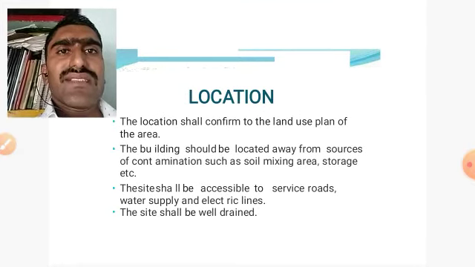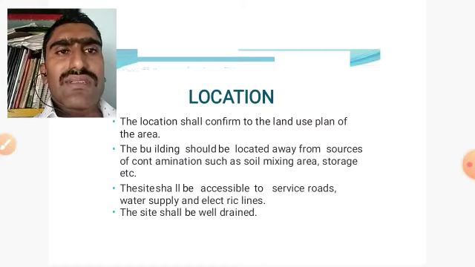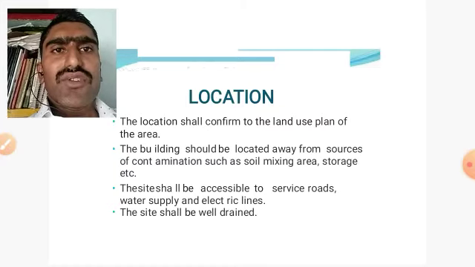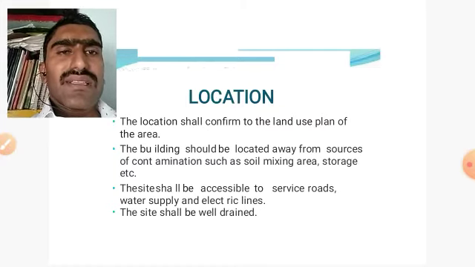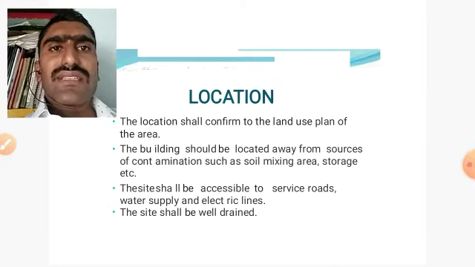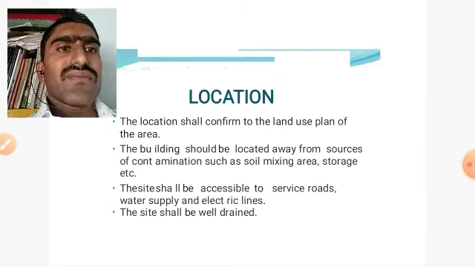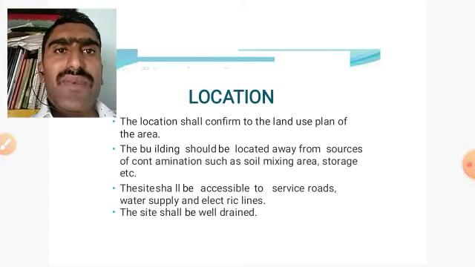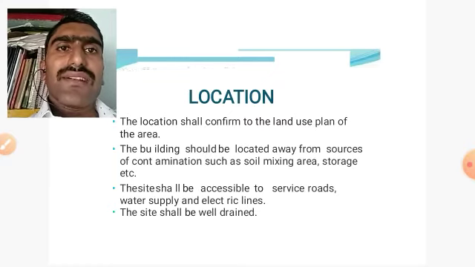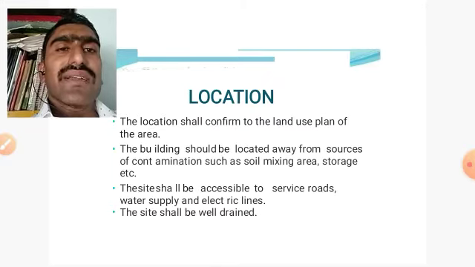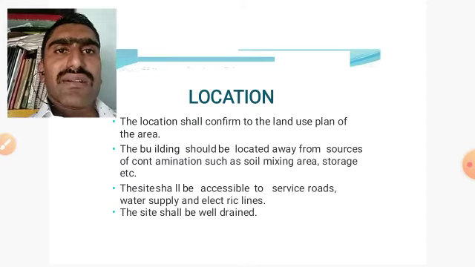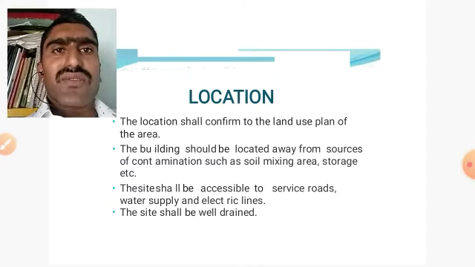Location depends on you. It is your choice where you want to locate the tissue culture laboratory, but there are certain rules or advisories given: a location shall conform to the land use plan. The land should be plain where you want to construct the plant tissue culture laboratory, and the building should be located away from sources of contamination such as soil mixing areas, storage, etc., because we know that contamination creates major problems in plant tissue culture techniques.